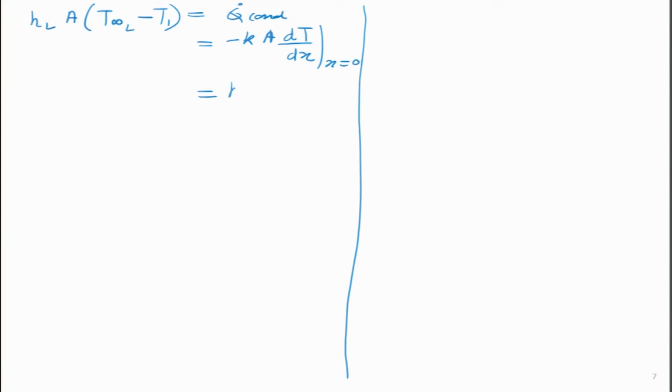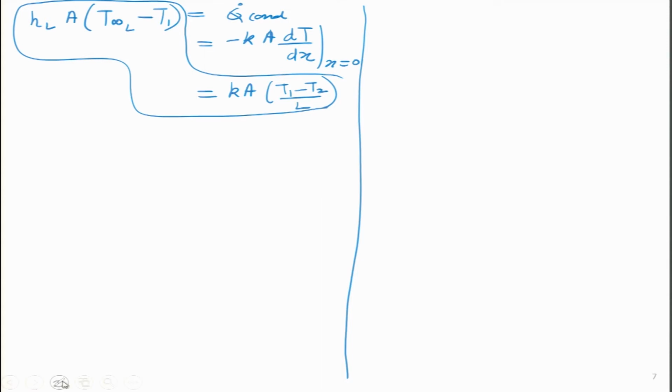So, we can directly write a very simple expression: it is simply T1 minus T2 divided by L. This is the equation that we are going to solve. The unknown we are trying to figure out in the reverse direction is the air temperature which will give me the desired T1 temperature.